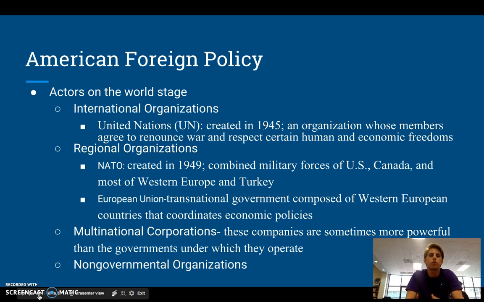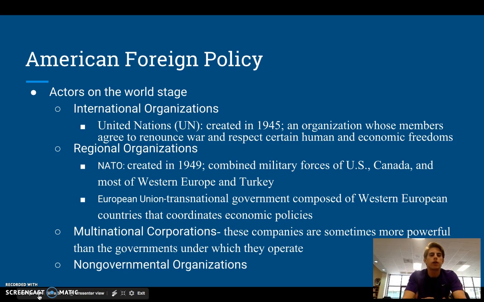In American foreign policy, the main international organization is the United Nations, created in 1945. It is an organization whose members agree to renounce war and respect certain human and economic freedoms. Regional organizations include NATO and the European Union.